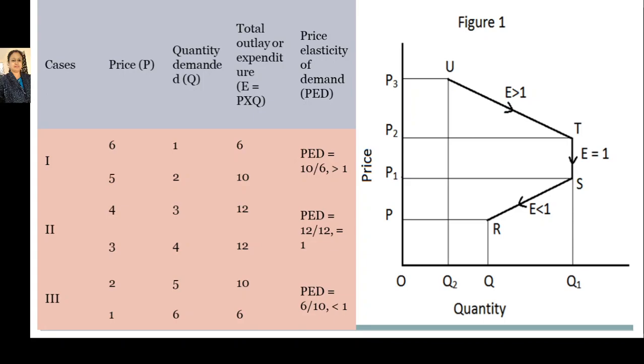So it is clear from the figure and the schedule that in elastic demand, with a fall in price, total expenditure increases, and in inelastic demand, with a fall in price, total expenditure also falls.